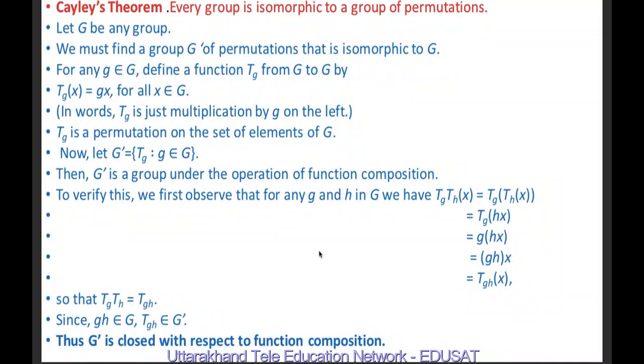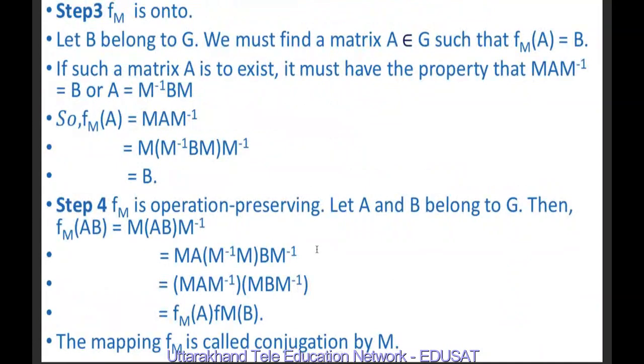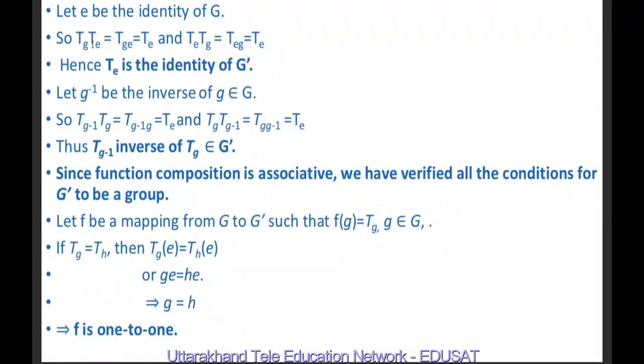Here g and e are elements of the group, and e is the identity element of the group. So ge is nothing but g. So this is equal to Tg. Similarly, Te into Tg is Teg, and this is equal to Tg. It means Te is the identity of the group G'.